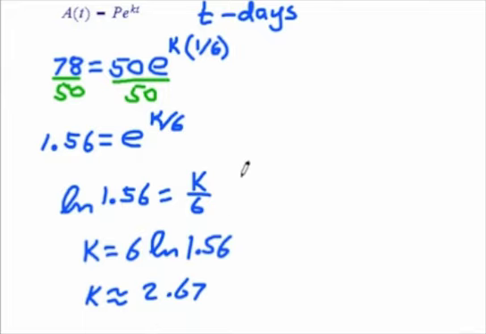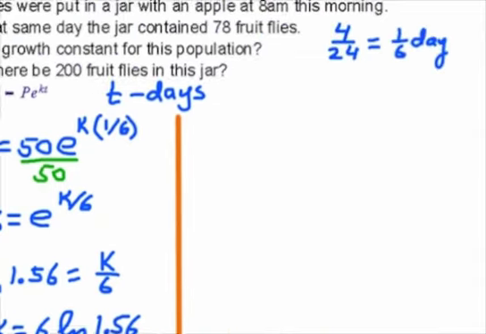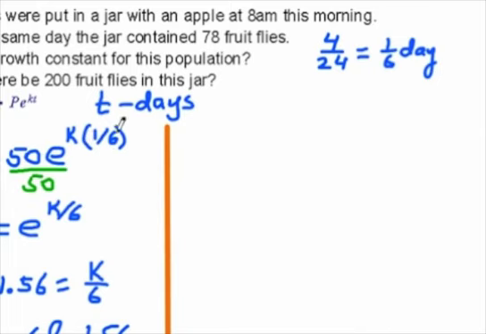Alright, so now that we have what k is equal to, that's the growth constant, we can find out how long it's going to take to have 200 fruit flies in this jar. So we're going to start over again with the original formula. We'll know what k is equal to this time. The one thing that we won't know is the time, and we know pretty much everything else.